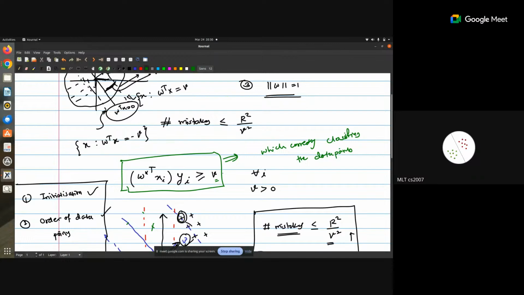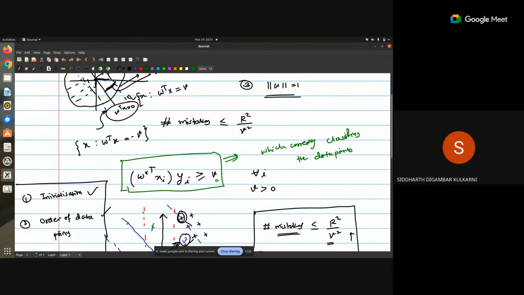It is not mentioned anywhere about any quality of that gamma, whether it should be maximum or minimum, in the perceptron. That's why we wanted to work on that.